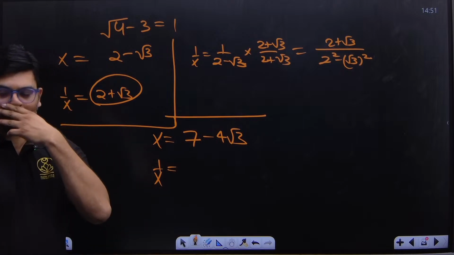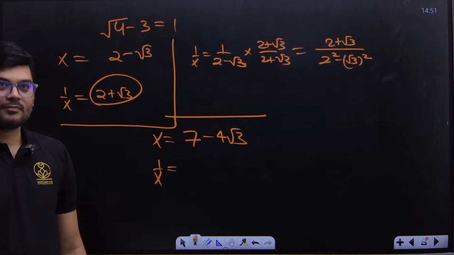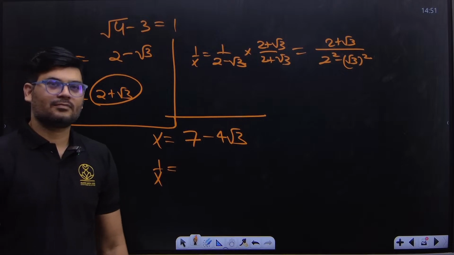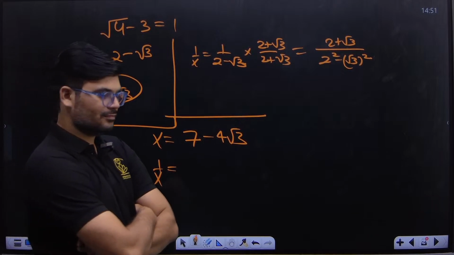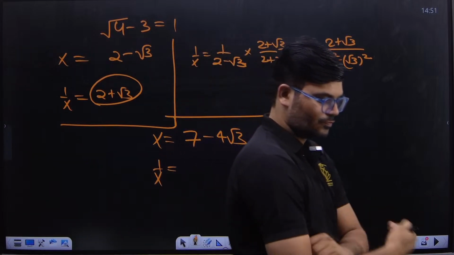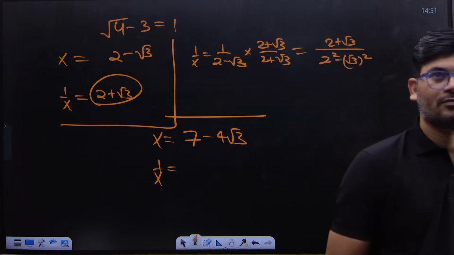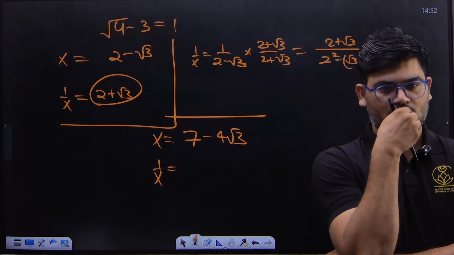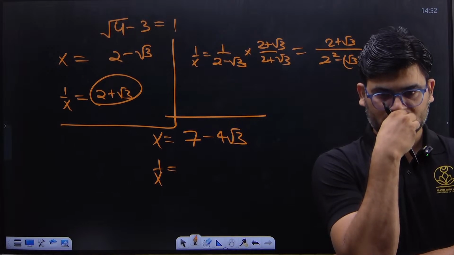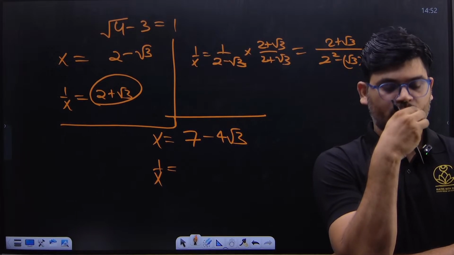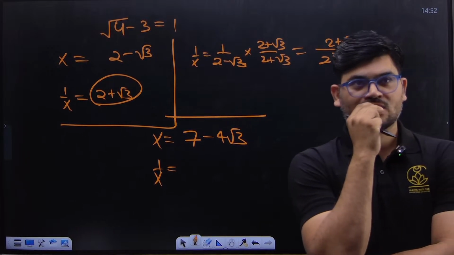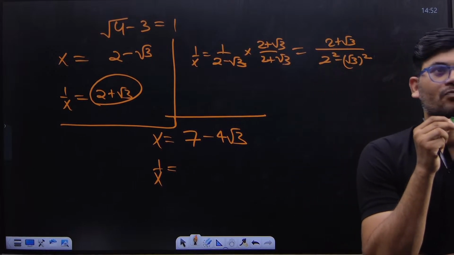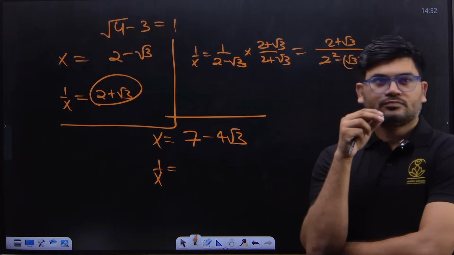Okay, sir. Wait, what's 4 root 3? Just 4 root 3. So it'll be again 7 plus 4 root 3.